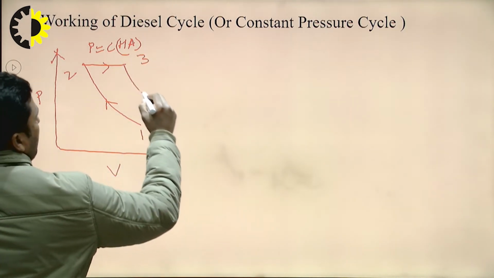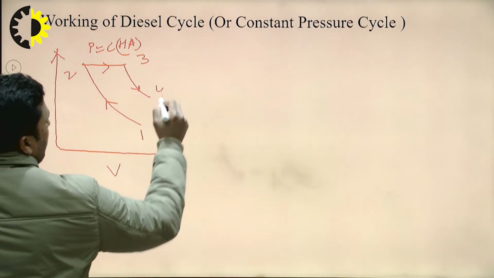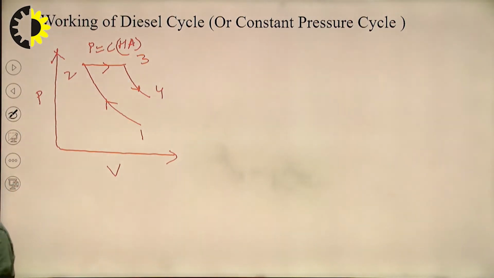And process 3 to 4 is the isentropic expansion process.